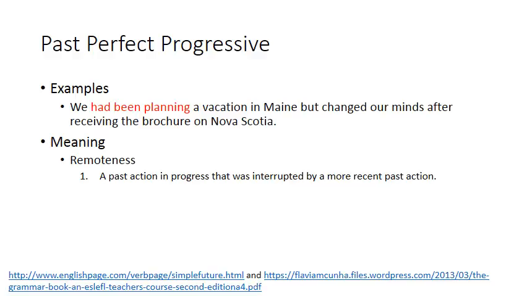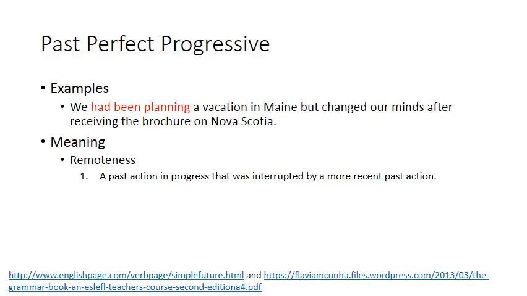Okay, so we talked about in class that the perfect tense always indicates two events. Because the perfect tense always means before, we always need to have, well, before what? So in the past tense, when we're using the past perfect or the past perfect progressive, we always need to mention both of those two events.